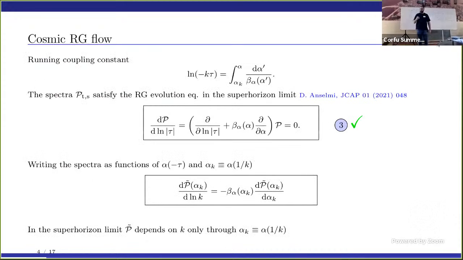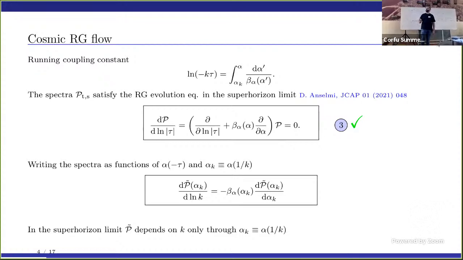And then you can also define a running coupling constant in the usual way, using exactly the same formula that you use in quantum field theory, integrating the beta function. Then in this paper by Damiano Anselmi it was proved that the power spectra satisfy, in the super horizon limit, this equation, which formally looks the same as a Callan-Symanzik equation with vanishing anomalous dimension. So we also have this third point, which is the very important one.